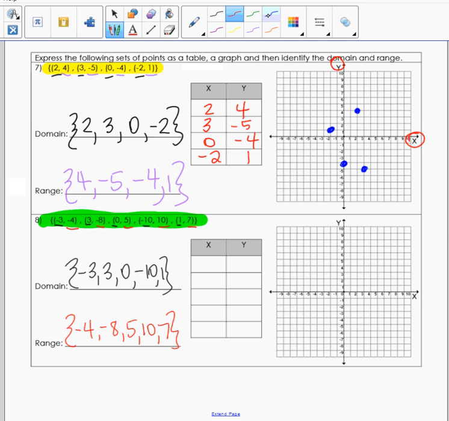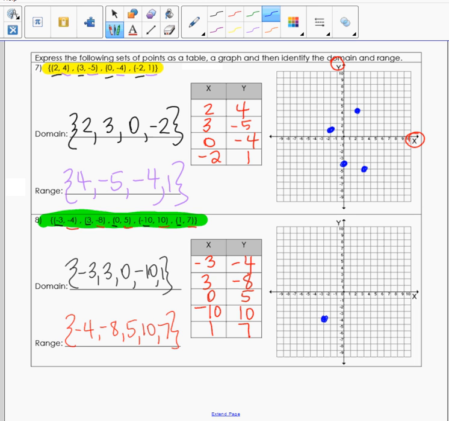Your table of values, just like above, is just listing out those points. Negative 3, negative 4, 3, negative 8, 0, 5, negative 10 and 10, and then 1 and 7. And then to graph those, negative 3, negative 4 goes left 3 and down 4.